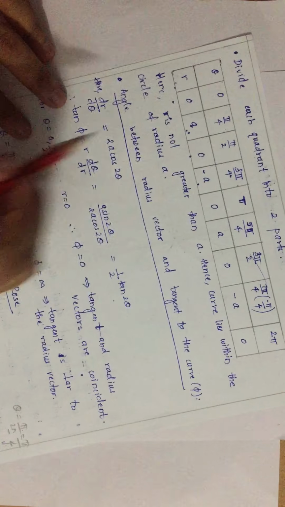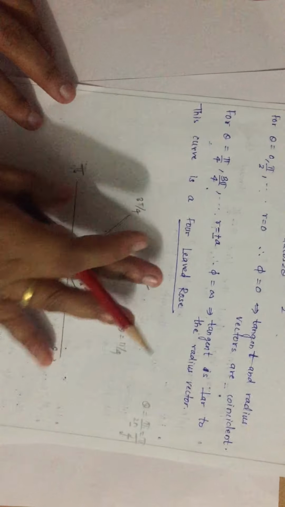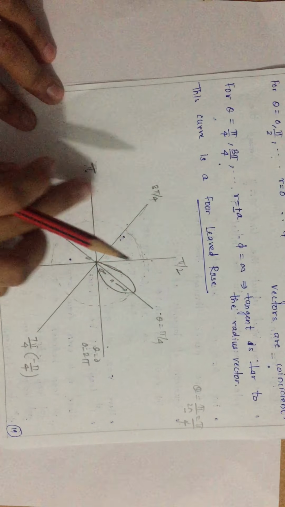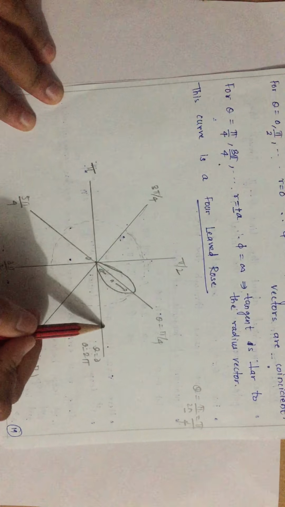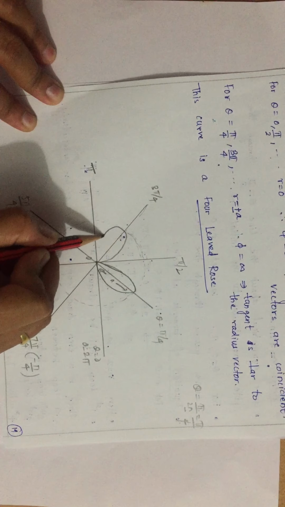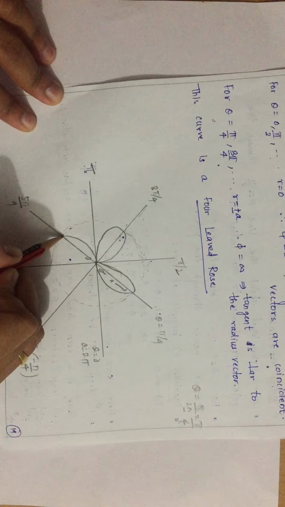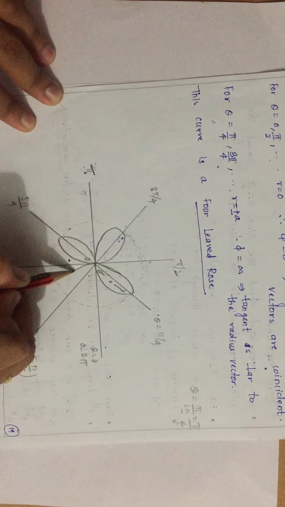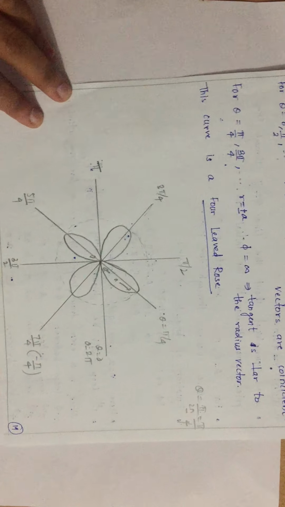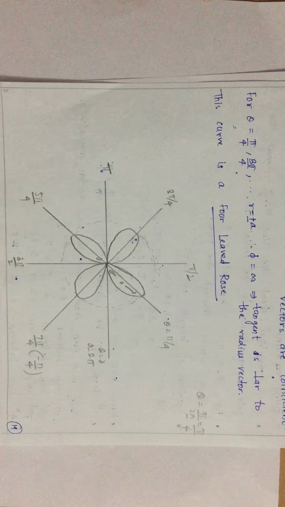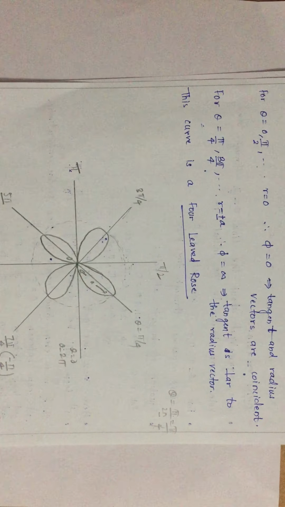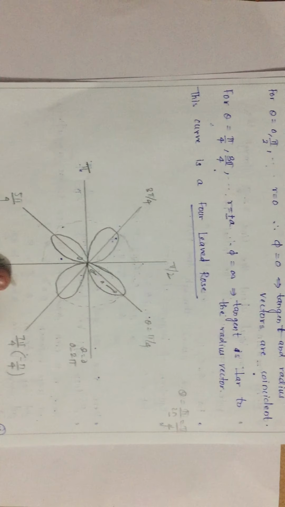If you observe, at theta equal to pi by 4, the value of r is a. Next, since n is even, loops will be drawn in consecutive sectors. The first sector is this one, the second sector is pi by 2 to pi. So the second loop will come here, the third loop here, and the fourth loop will be in this sector. So we obtain 4 loops here in consecutive sectors. Since we have 4 loops, this is known as a 4-leaved rose.